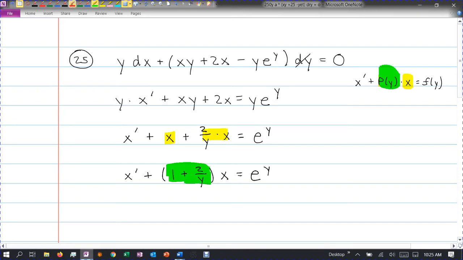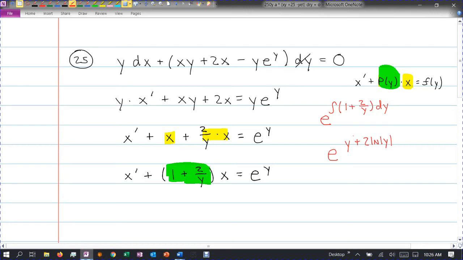So now let's go ahead and get our integrating factor. So we've got to do e to the integral of that function of y, which is 1 plus 2 over y dy. And I can integrate that pretty easily. I'm going to get e to the y plus 2 natural log the absolute value of y.